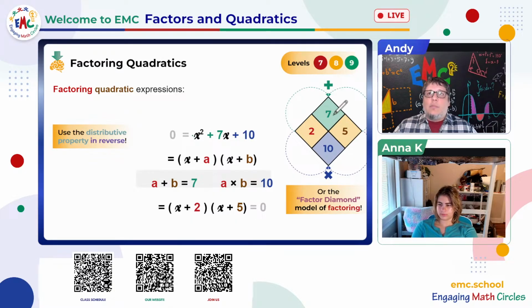We say what pair of numbers adds to 7 but multiplies to 10, adds to the middle, multiplies to the end. And then we use those numbers in brackets with our x's to get our factored form.